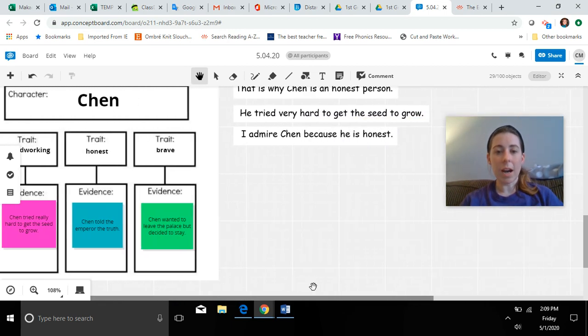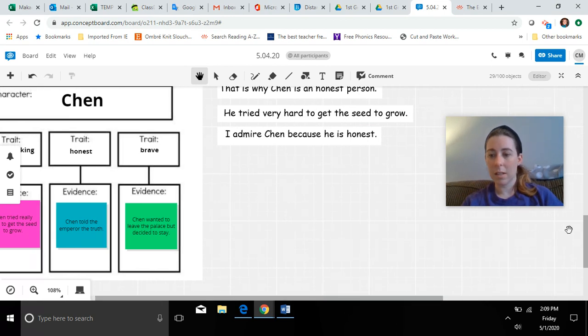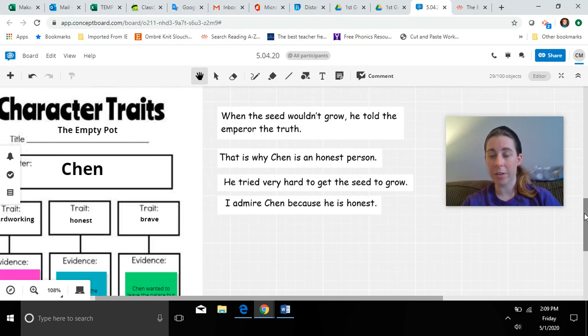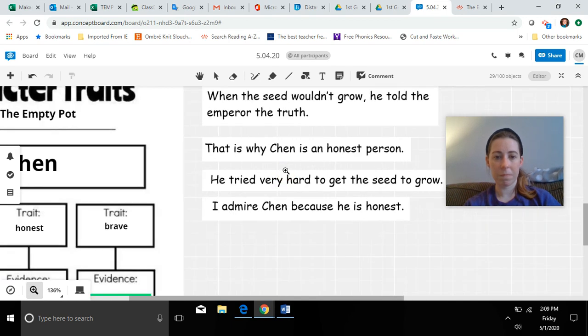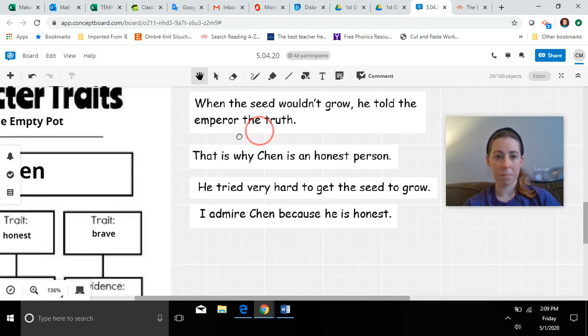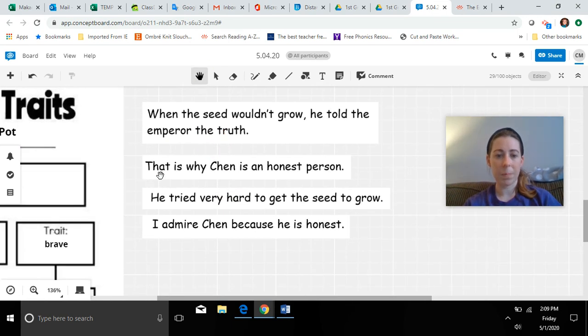Now let's look at our sentences. We have 4 sentences. We want to put them in order. Here's the first one. When the seed wouldn't grow, he told the emperor the truth. Okay? Here's the next one.